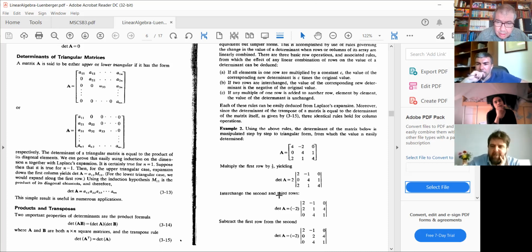But it doesn't say the inverse here. Well, 2 is the inverse of 1/2. You agree? Yeah, I agree. I just don't understand why, because it says here the value of the corresponding new determinant is C times. So if the constant is C, and you start by saying the determinant of A is this stuff, because this is A. So the determinant of A is the determinant of A. Now you are going to multiply the first row by 1/2.